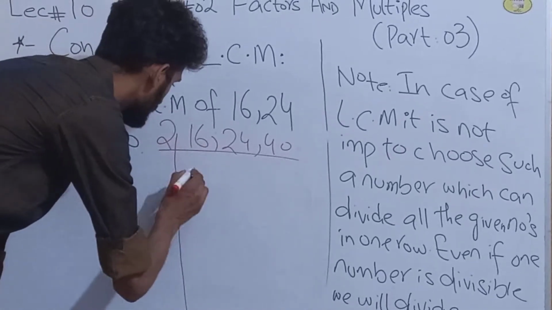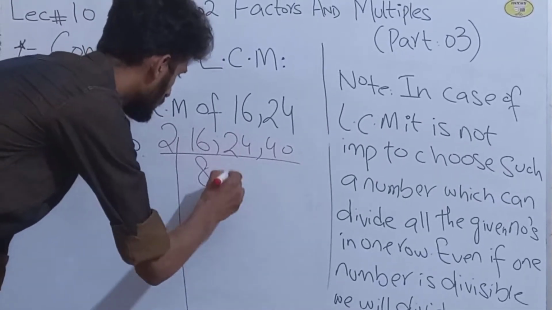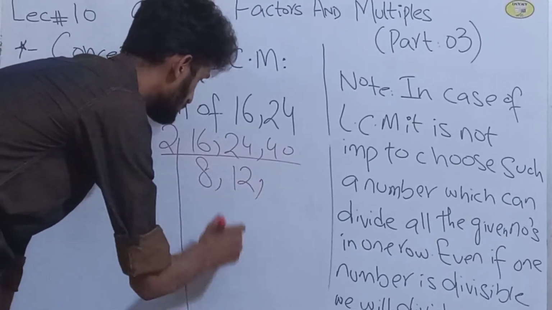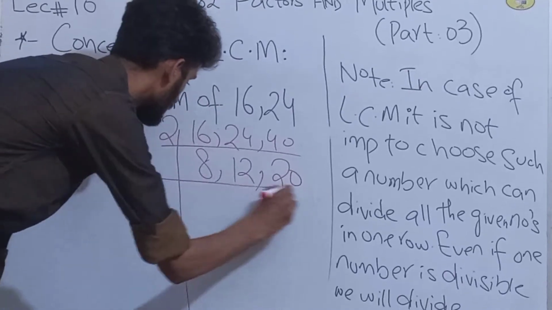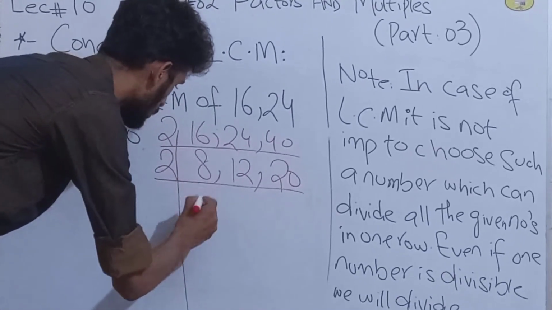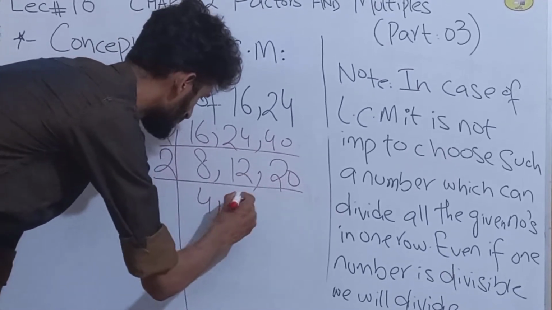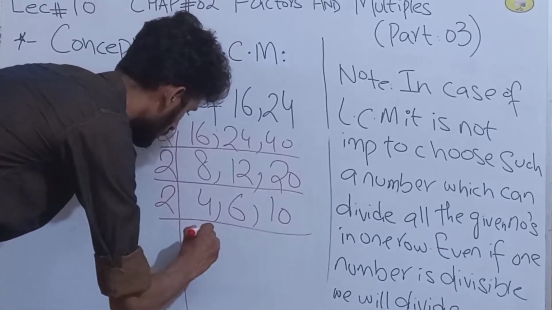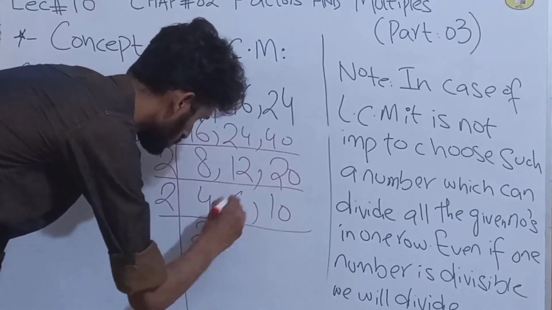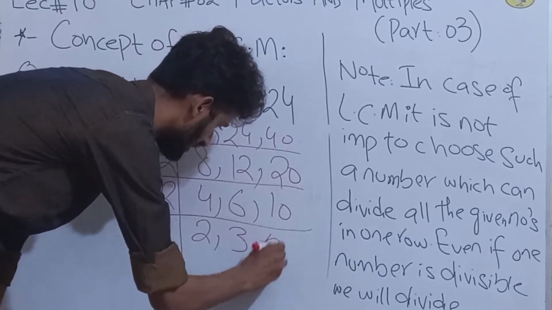So 2 8s are 16, 2 12s are 24, 2 20s are 40, 2 4s are 8, 2 6s are 12, 2 10s are 20, 2 2s are 4, 2 3s are 6, and 2 5s are 10.